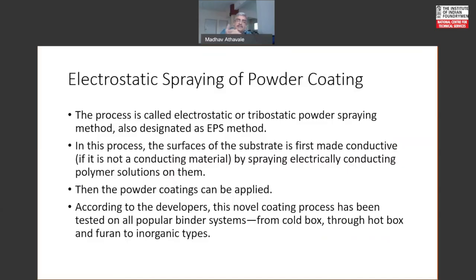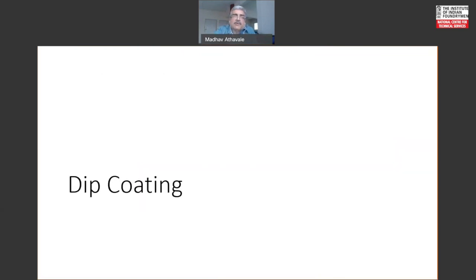And as I said earlier, it is very common to spray a spirit-based coating to get good surface finish by avoiding metal penetration in those cases. And we had tried this. It did work okay in trials. However, for regular usage, it calls for a very high level of automation.